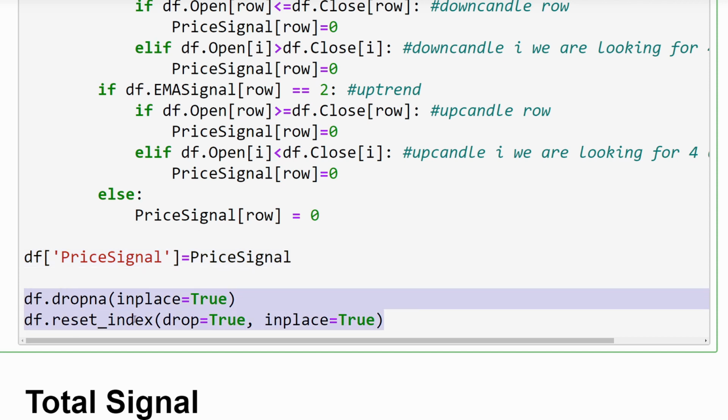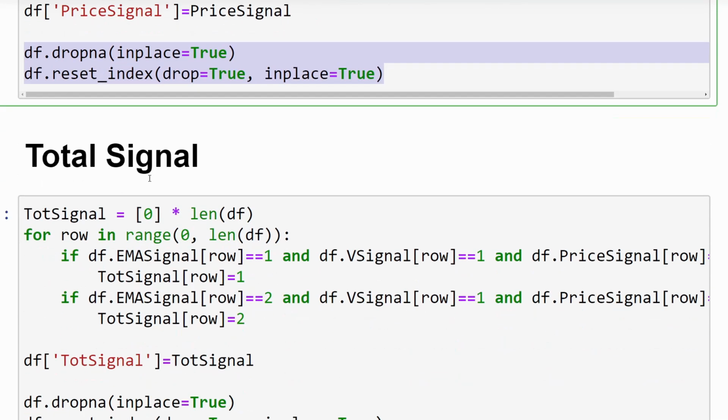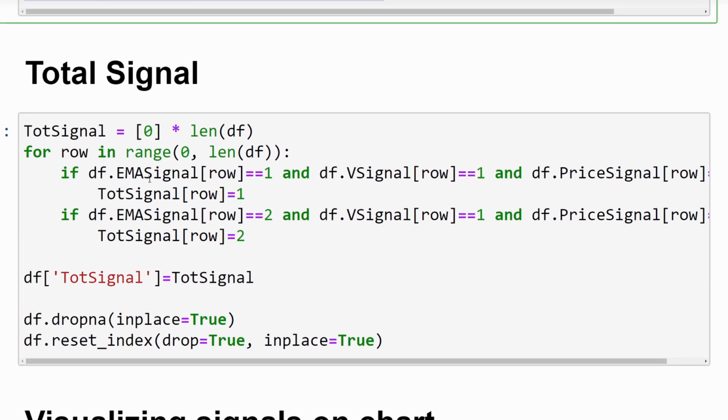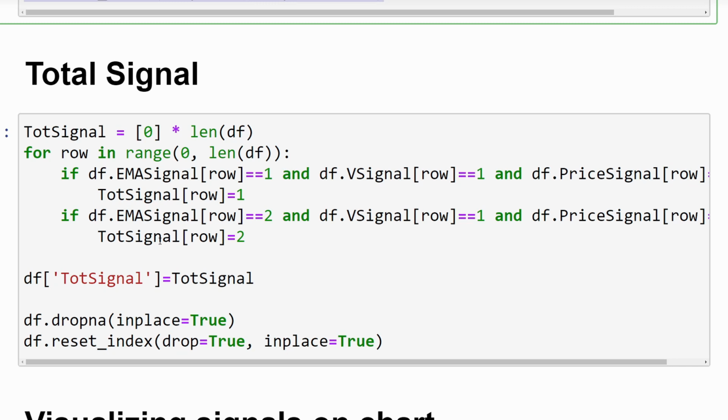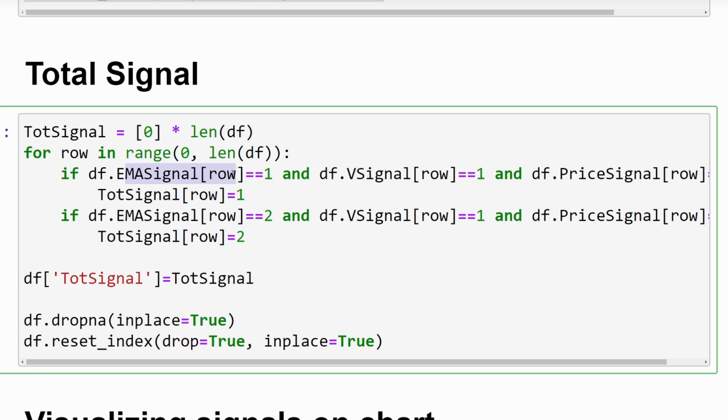Now we can clean our data frame of non-numerical values, reset our index, and proceed to our total signal, which will be our buying or selling signal, taking into account the 3 previous signals that we have just described. For each candle, we're testing the EMA signal. If it's 1, meaning we have a selling signal, the candles are trading below the 200 EMA curve.